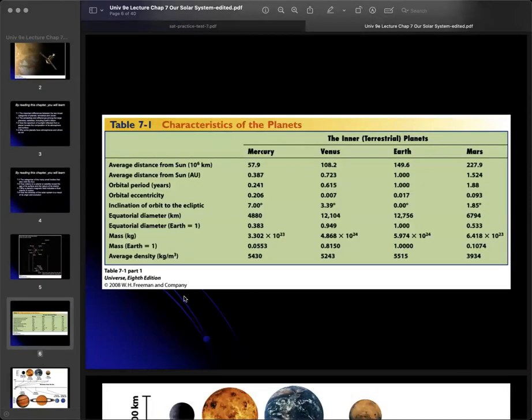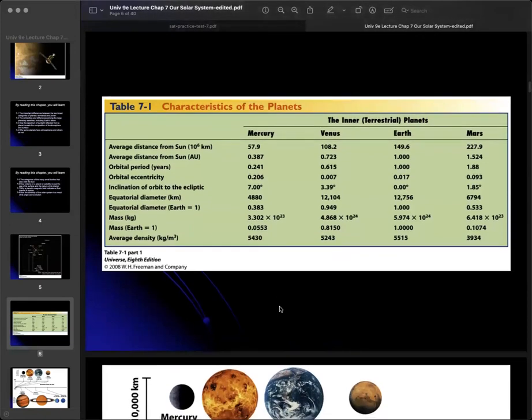Let's look at some of the data for the inner or the terrestrial planets. Here I'll point out only some of the very important things. Some of these numbers here are in comparison with the Earth. For example, average distance from the sun in astronomical units.